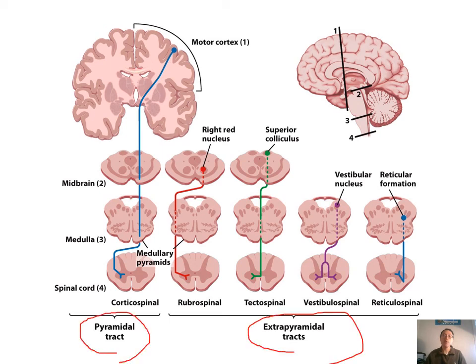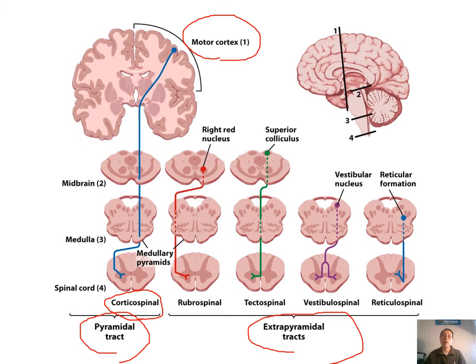The pyramidal tract is talking about anything that is coming from the primary motor cortex, whose axons form the corticospinal tract. So whenever you hear pyramidal tract, it's basically talking about the corticospinal tract. And whenever you hear extrapyramidal tract, extra meaning outside of, this is everything that controls motor movement other than the corticospinal tract.